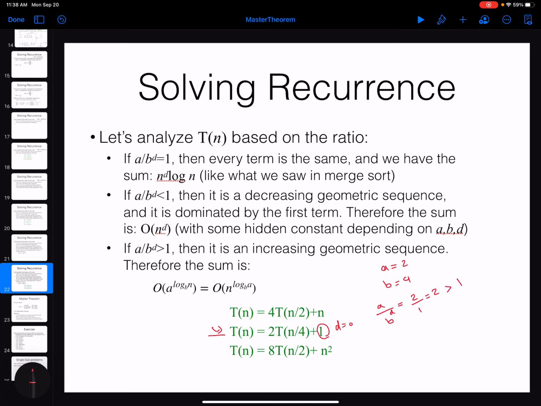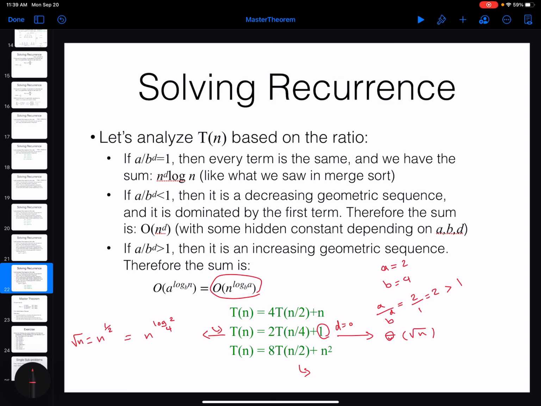So this will end up in the third case. The time complexity will be equal to n to the power of log of 2 in base 4. The log of 2 in base 4 is equal to half, so this is n to the power of 1 over 2, which is a square root. So the result of this relation will be in theta or O of a square root.